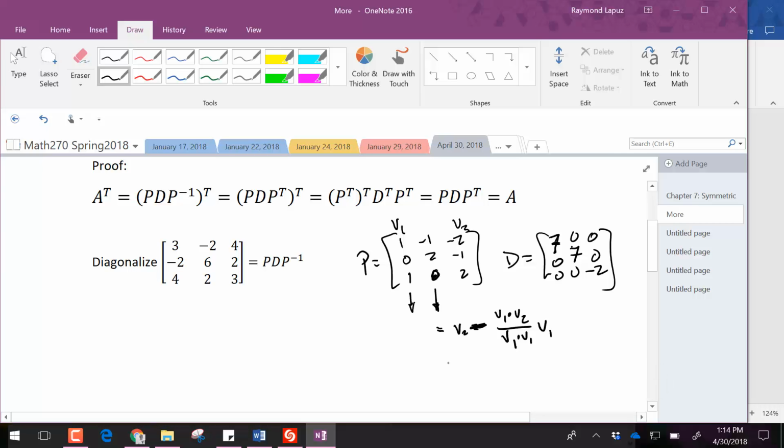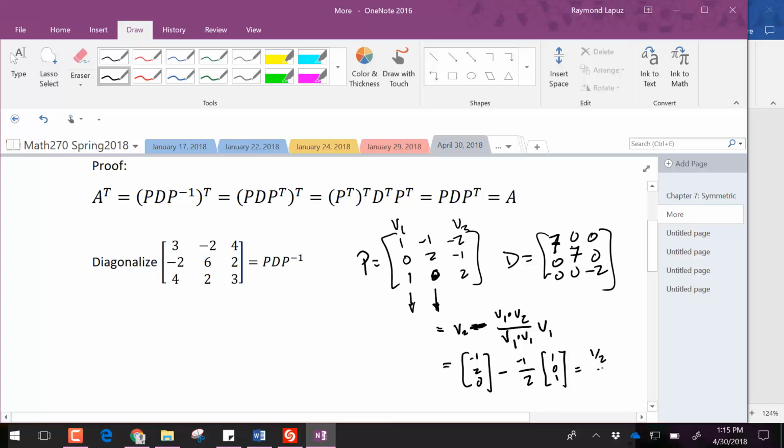So let's take the dot product. V2 is equal to negative 1, 2, 0. And then we take the dot product of V1 with V2. We get negative 1 on the numerator, and in the denominator V1 with itself. Is that square root of 2? No, it's just 2. So we have minus 1 minus negative a half, positive 1/2.